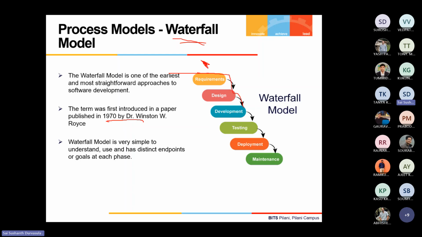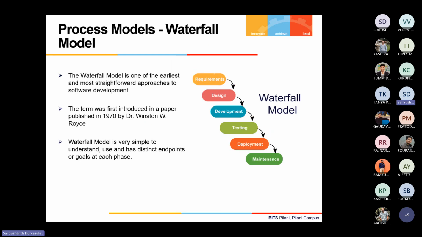If you were to pour water from the top, this is how it would fall. The highest step is requirements, then design, then development. So water would fall like this, leading to the name waterfall.